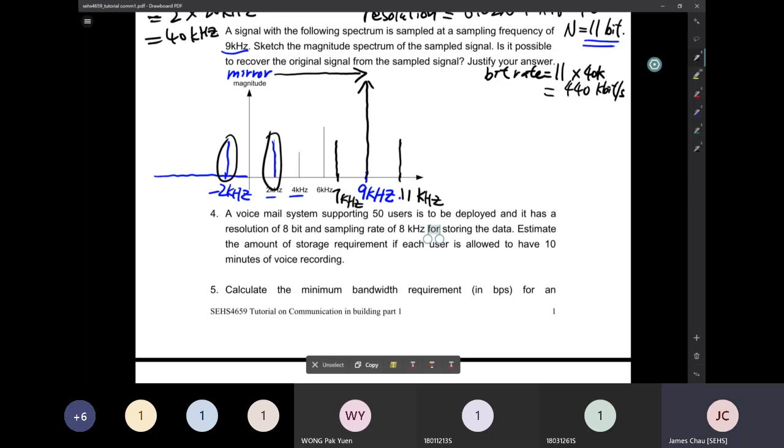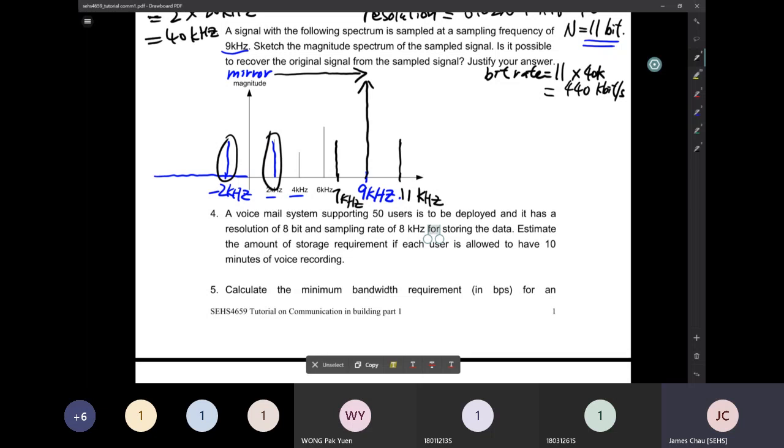Okay? At the end, you may tell me the answer whether the sampled signal can be recovered so that you can extract the original data. Okay? You can see something happens after you draw the picture. At that time, you can determine whether the signal can be restored completely.